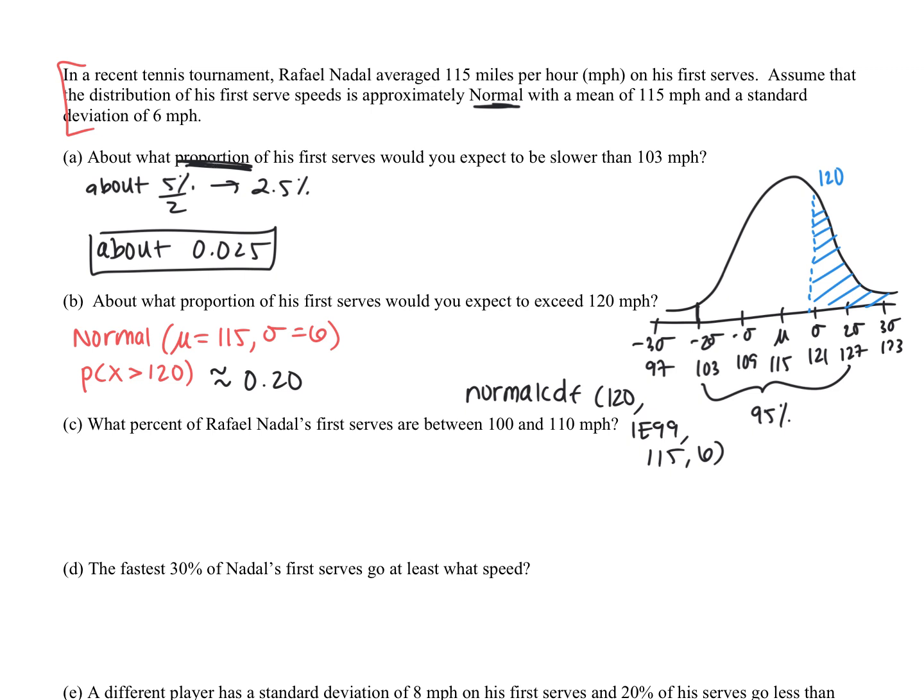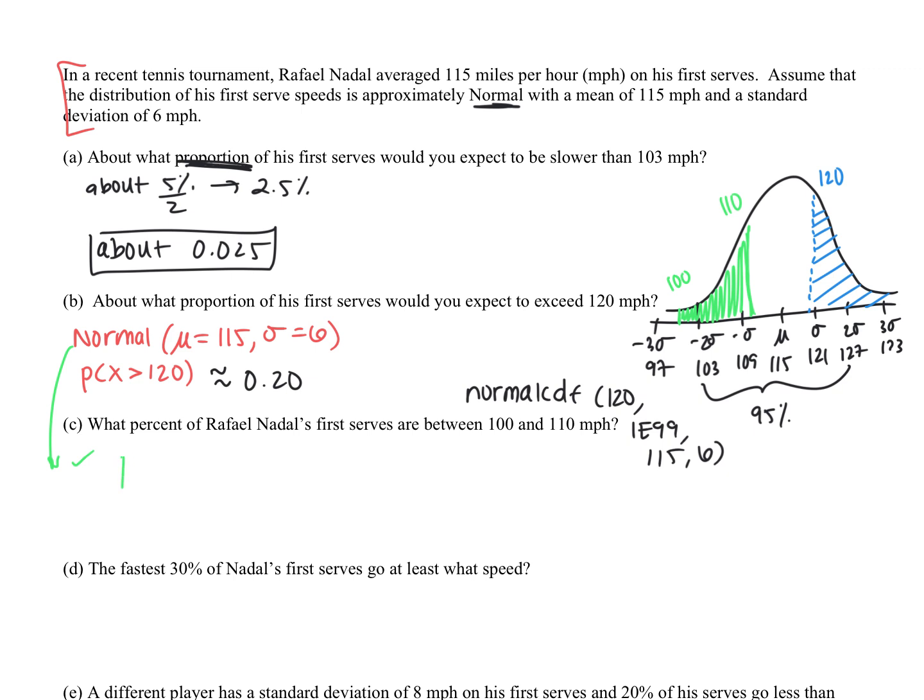Okay, C, what percent of the first serves are between 100 and 110? So looking on our figure, here is 100, here is 110. So this is the area that we are looking for. And again, like I said on the previous page, I always expect a figure. I expect that you have a figure and that you shaded it. We already said the distribution is normal, so that still applies.